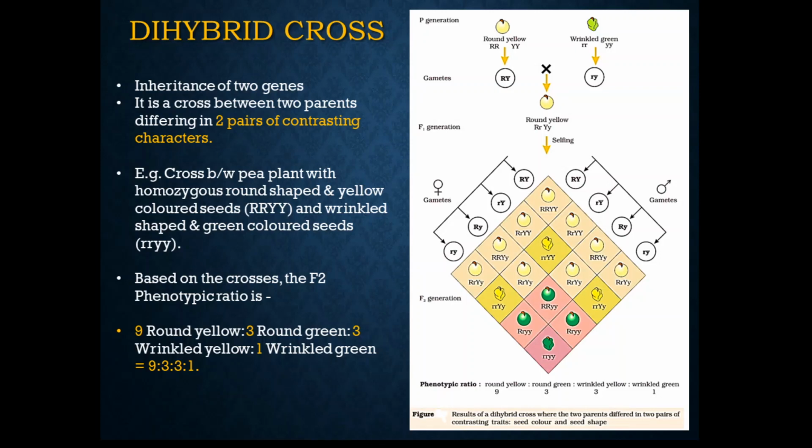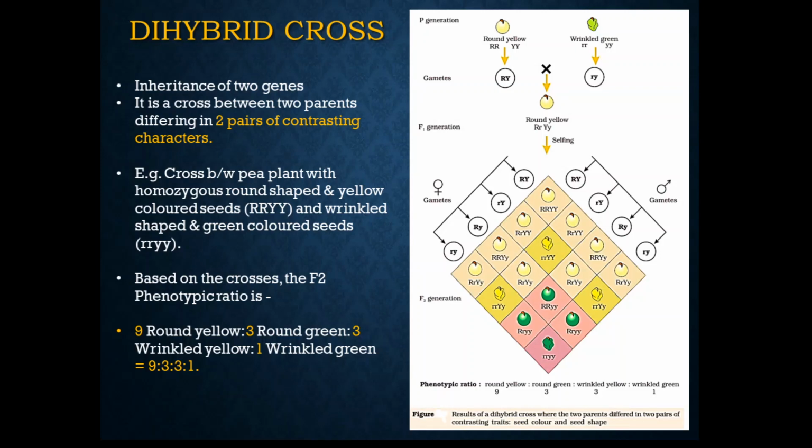Suppose this cross is from Mendel. Mendel took this dihybrid cross where he chose two characters: round and yellow. The seed is round in shape, and the color of the seed is yellow.